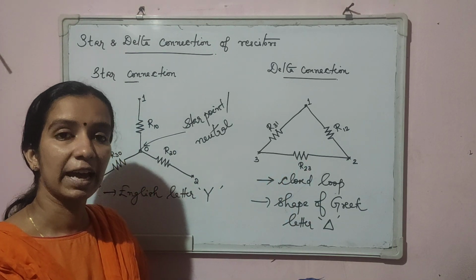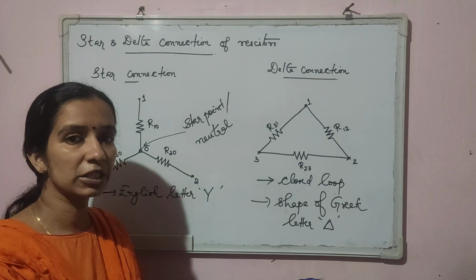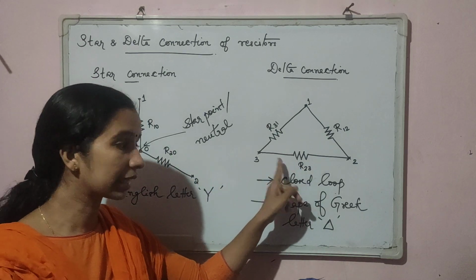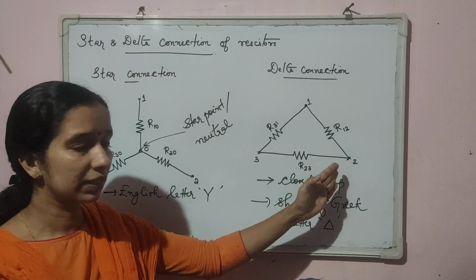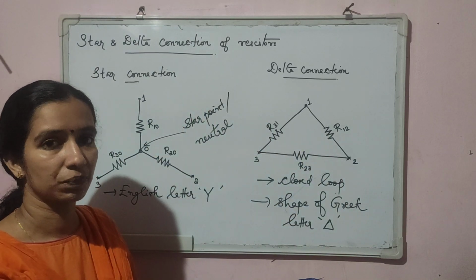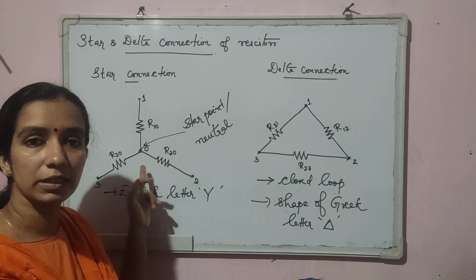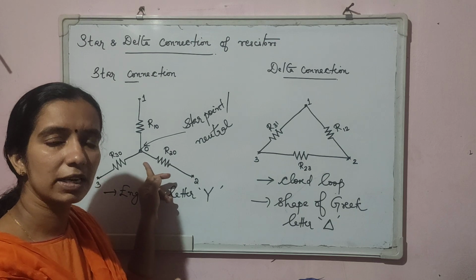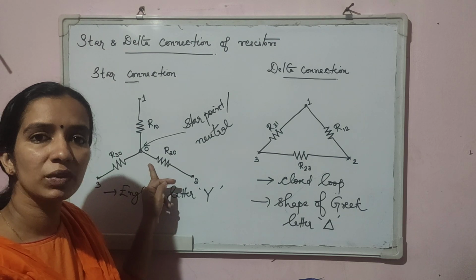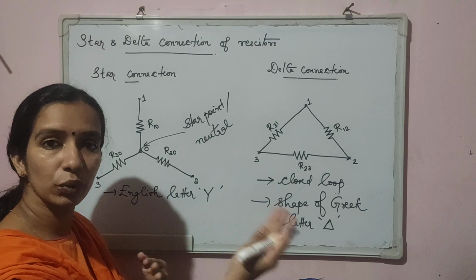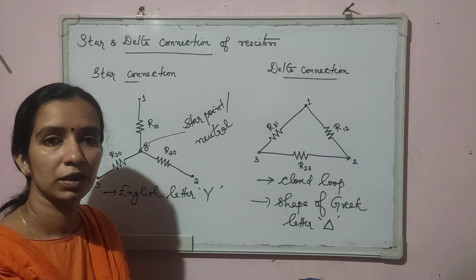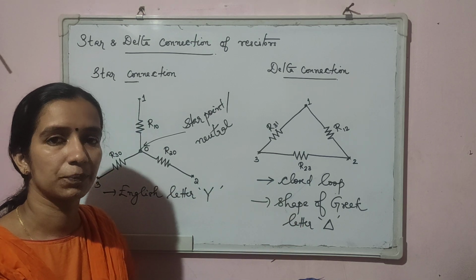So now we have to study the transformation from star connection to delta connection and from delta connection to star connection. If we have three resistors connected in star, we can transform this star connection into an equivalent delta connection by using some equations.